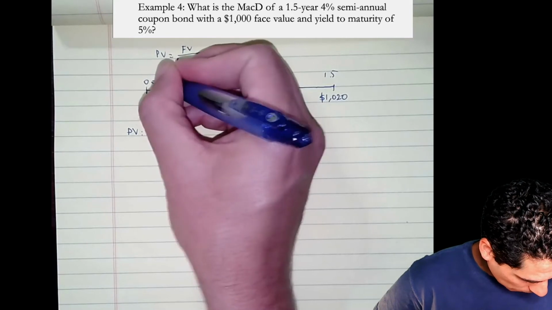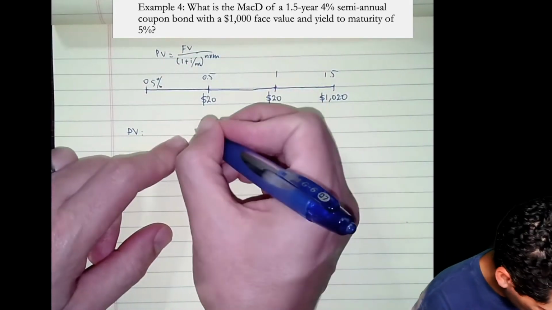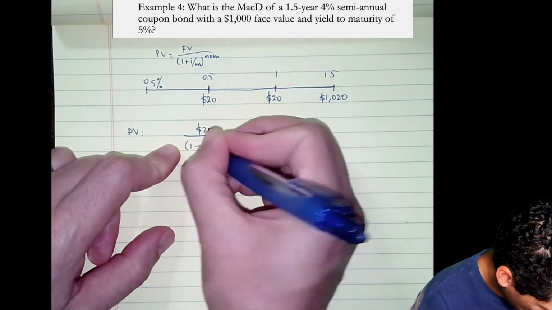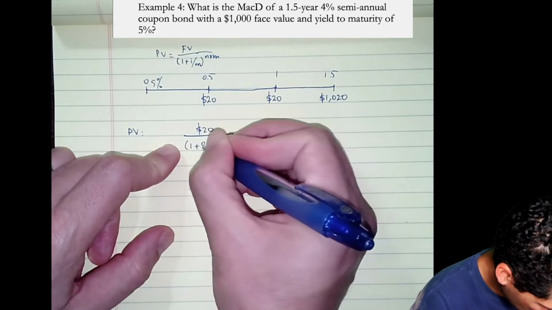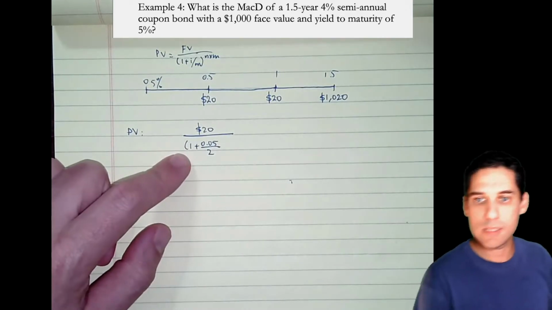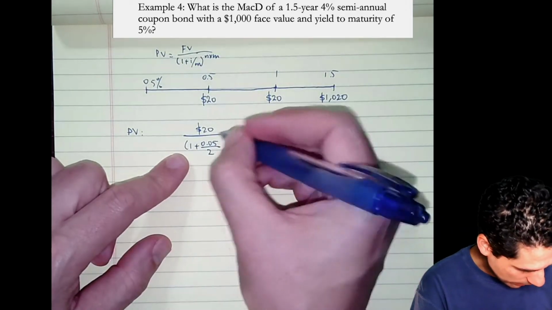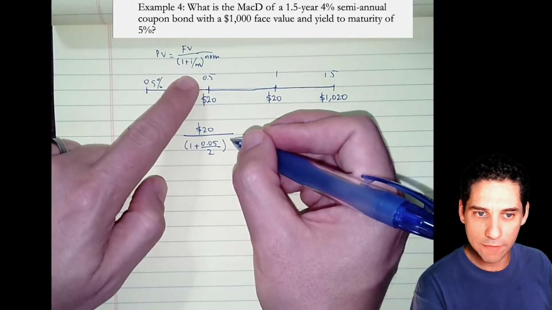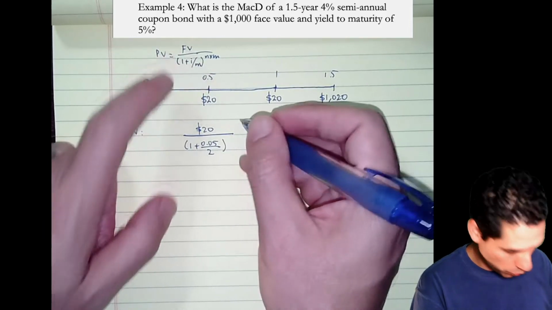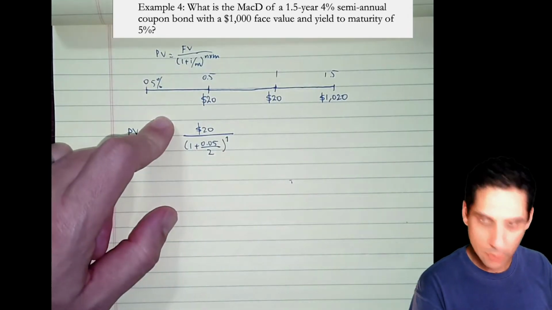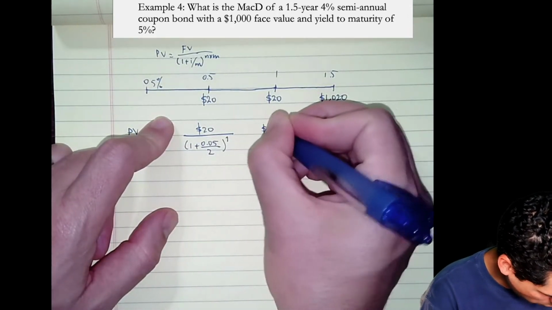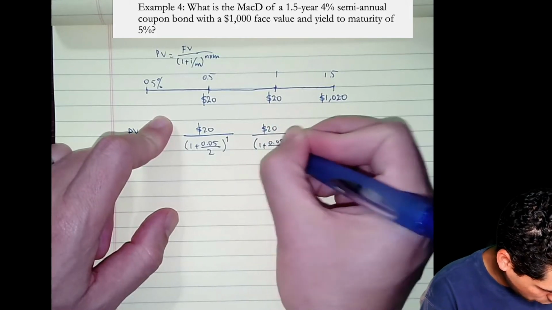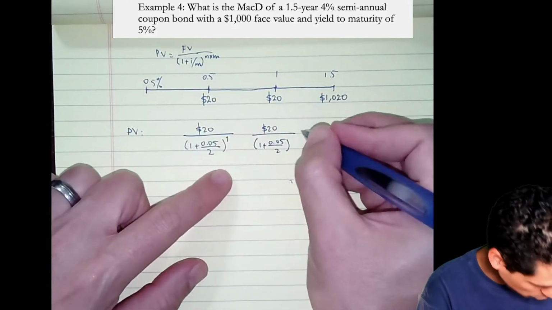All right, so the first present value is going to be $20 divided by 1 plus 0.05 divided by 2, so that's the 6-month yield to maturity, raised to 0.5 times 2, which is 1. The second one is 20 divided by 1 plus 0.05 over 2 raised to 1 times 2, which is 2.